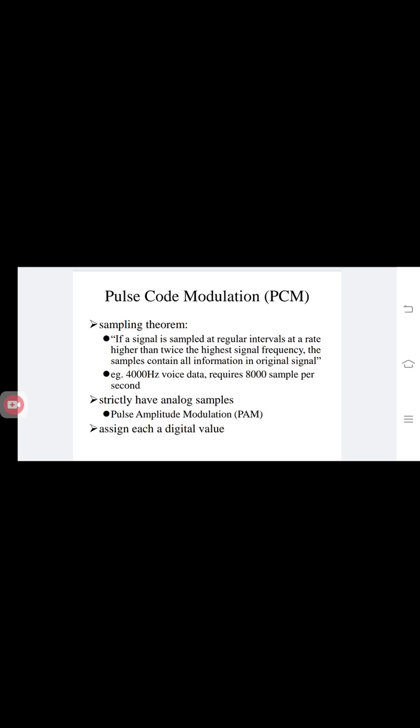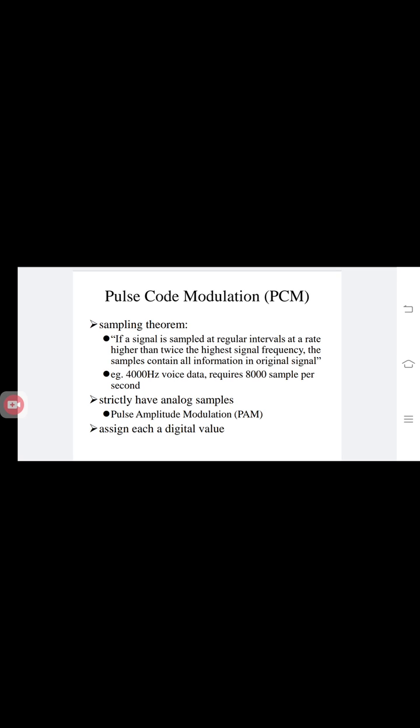Sampling is a process of measuring instantaneous values of a continuous time signal in a discrete form. A sample is a piece of data taken from the whole data. So this pulse code modulation is based on the sampling theorem.